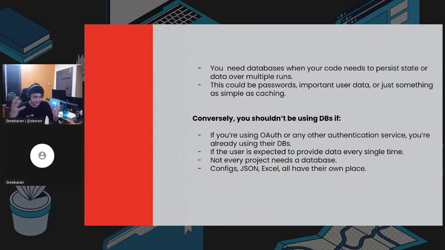When you have a lot of data that you need to send and retrieve very rapidly, then you would be using a NoSQL database. But on the other hand, if you just need to store some variables as part of your configuration, then you probably would not need to use a database of any sort. A config file or a JSON would be better suited for that use case, right?